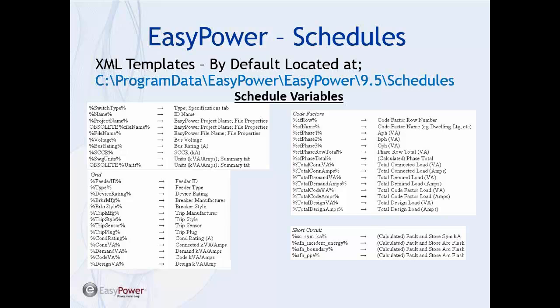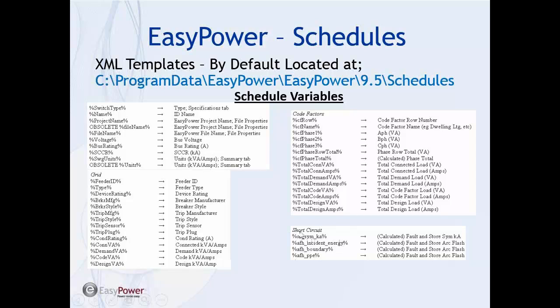So try to stay away from anything that you notice says obsolete in here. We also have grid information. These help you define your schedule grid when we do get into, or when we are defining the panel schedule or switchgear schedules. We also have our breaker information, conductor ratings, loading information, code factors, total connected load, demand load, design code, design loading, and then short circuit ratings.